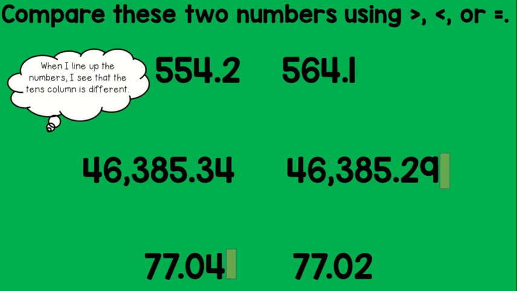When I line up the numbers, I see that the tens column is different because we've got the two 5s in the hundreds place, but then in the tens column, I see a 5 and a 6. I know that 6 is greater than 5, so 554 and 2 tenths is less than 564 and 1 tenth.